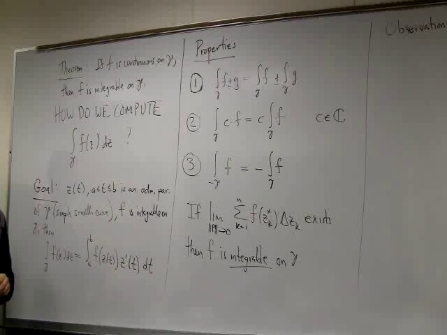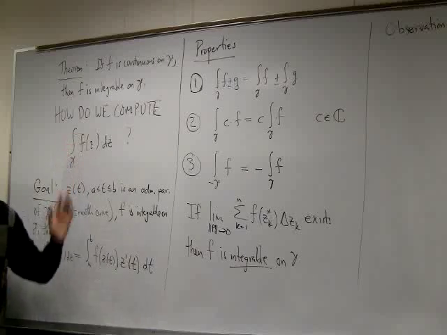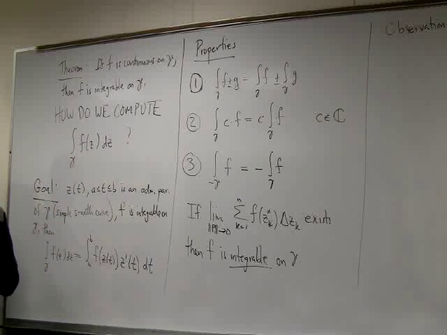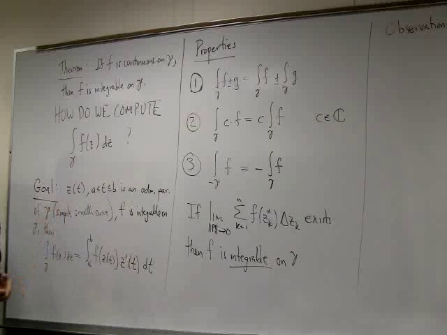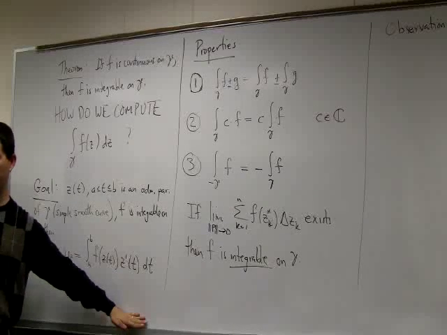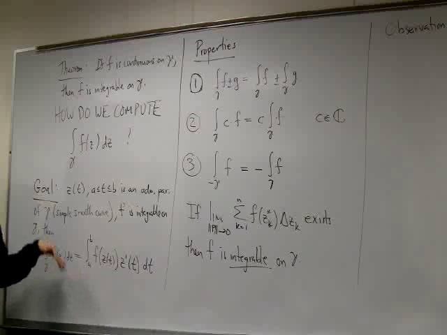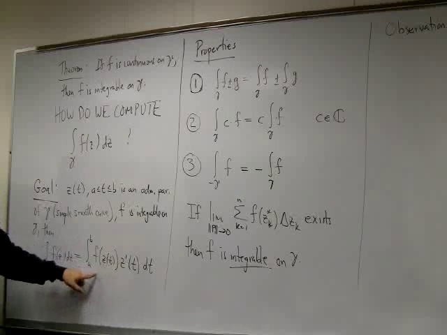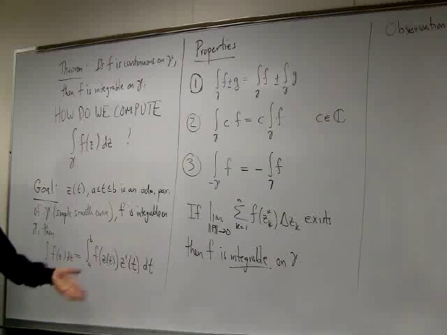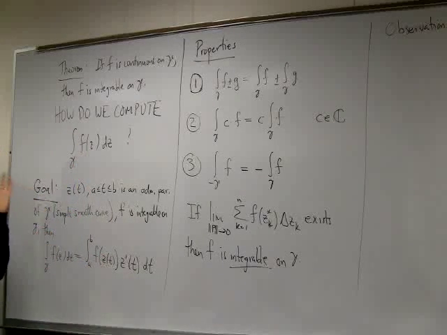Now, let's say I had chosen another admissible parameterization, because we've seen already that if you have a curve, you can have more than one parameterization of it. So I choose a completely different parameterization, the a and b might change, and I compute the integral for that parameterization. Since this is supposed to work for any z of t, then you should get out, again, the integral over gamma. Which means it doesn't matter what parameterization you take. You always get out, right, the same answer. So this equality is not up to choosing z the right way. It just has to be any parameterization.